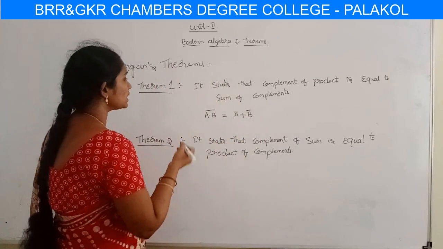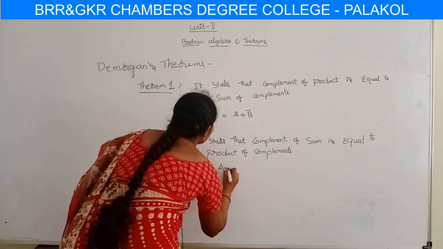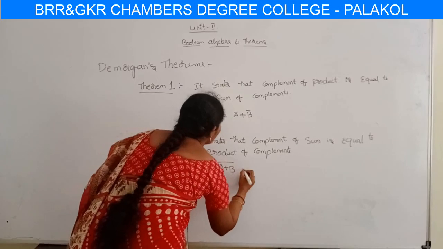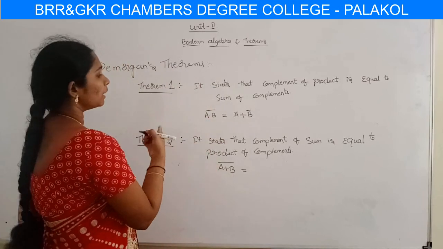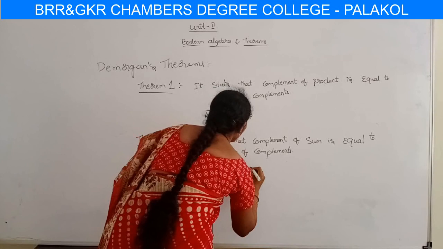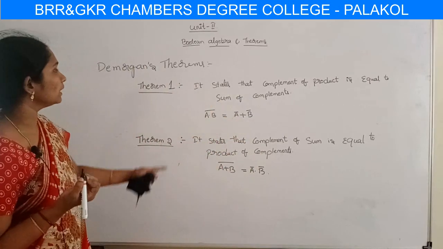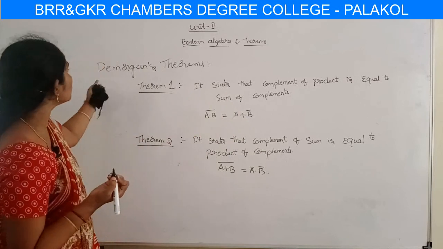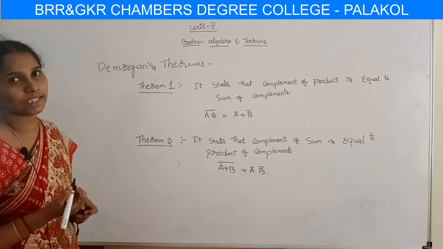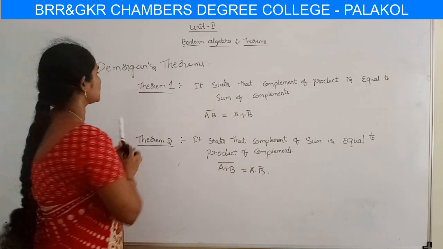Therefore, A plus B whole bar is equal to the product of complements, that is A bar dot B bar. So these are the two theorems proposed by De Morgan. Now we will move to the logic gates.